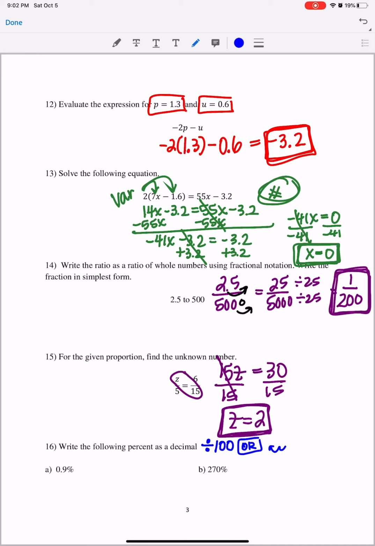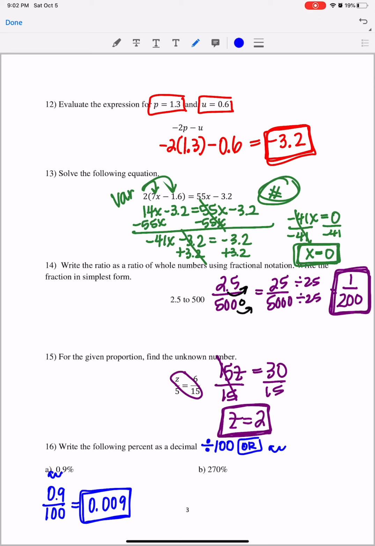So we are either doing 0.9 divided by 100 to get 0.009, or we're taking this decimal and going 2 places. Same thing here with 270%.